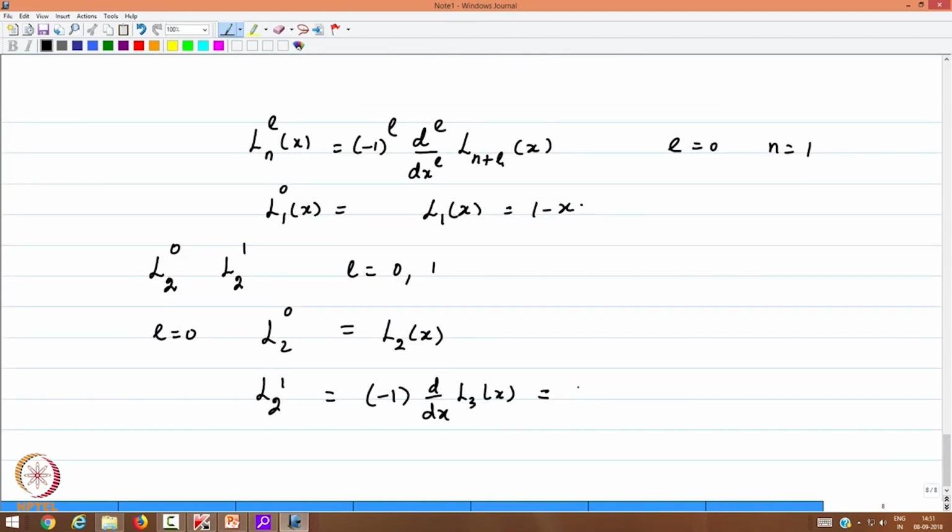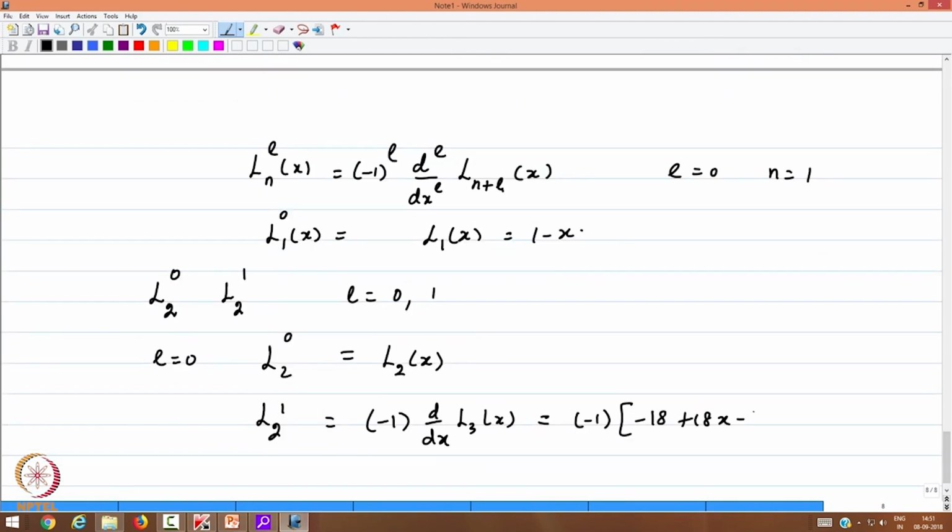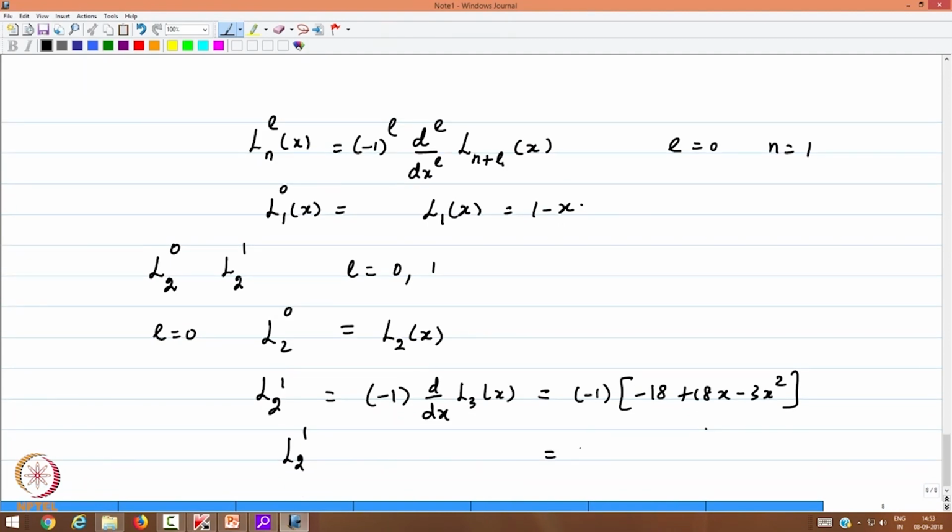You will get minus 1 times minus 18 plus 18x, and then you have minus 3x square. So, what you have is L2 of 1 gives you 18 minus 18x plus 3x square.